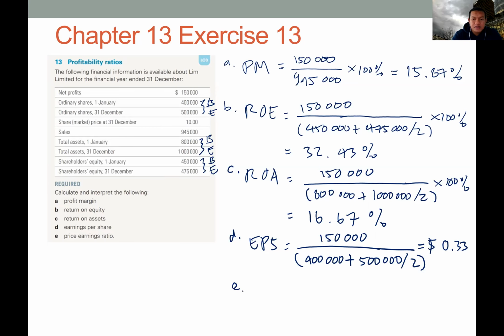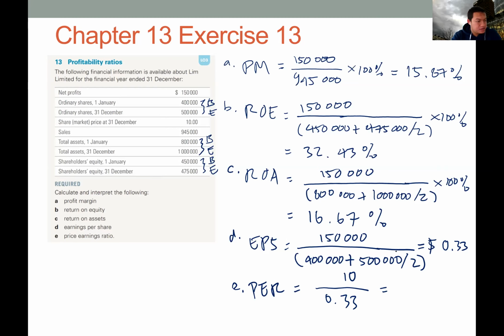Okay, the last one is price earning ratio. Price earning ratio is the share price, which is this one, 10. So 10 divided by the EPS, which is 0.33.